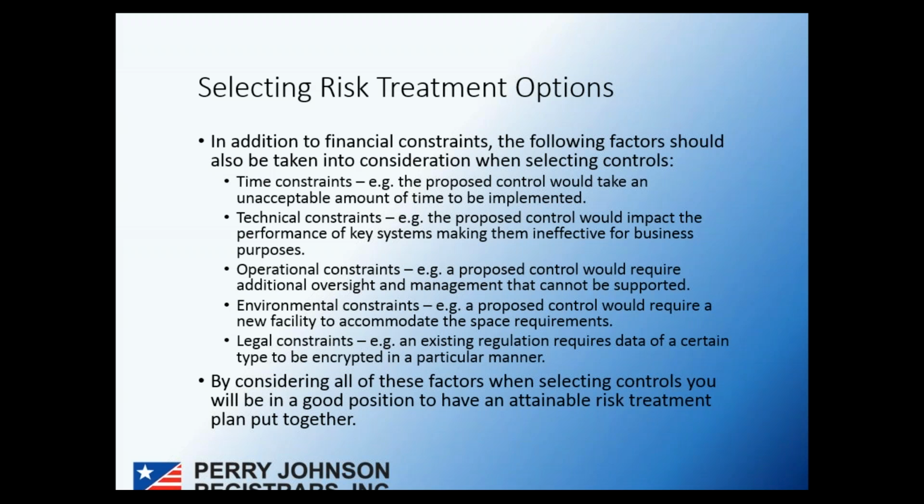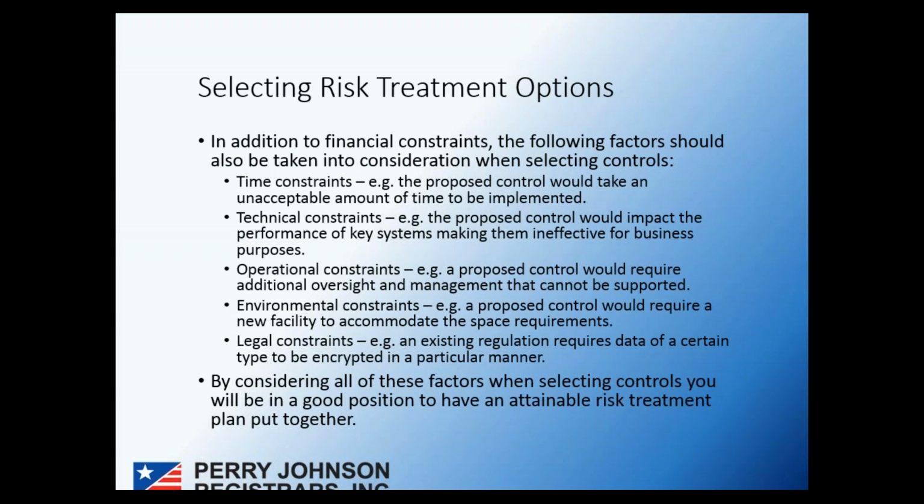Are there time constraints? For example, the proposed control would take an unacceptable amount of time to be implemented. Technical constraints. The proposed control, for example, would impact the performance of key systems, making them ineffective for business purposes. Operational constraints. For example, a proposed control would require additional oversight and management that cannot be supported.